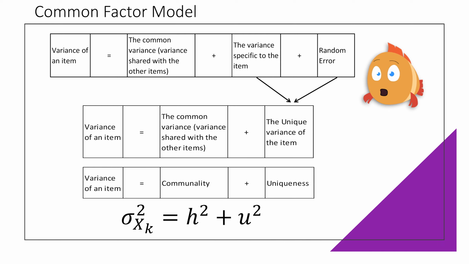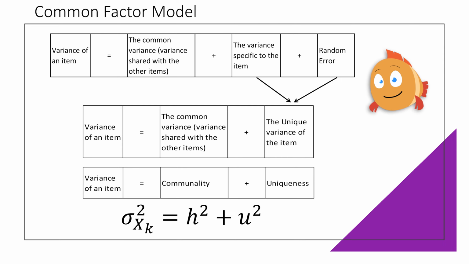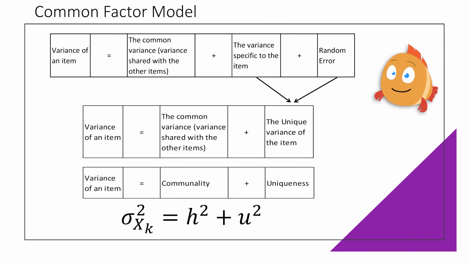I'm looking at row 2. And more succinctly, the variance of an item is communality plus uniqueness. Those are the two pieces. That's it. We can break down different pieces more and less, but that's the fundamental idea of the factor model.